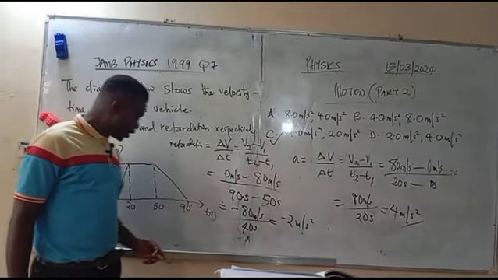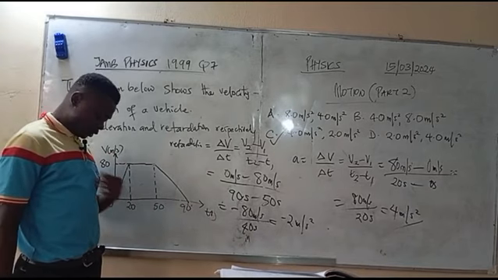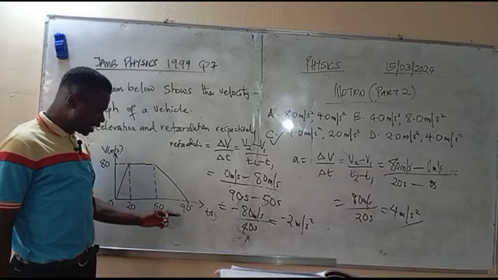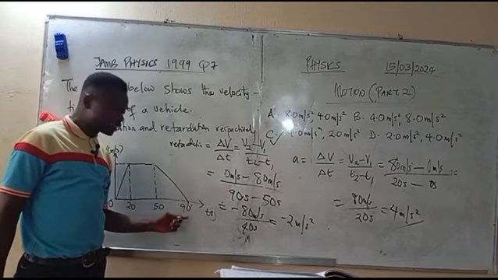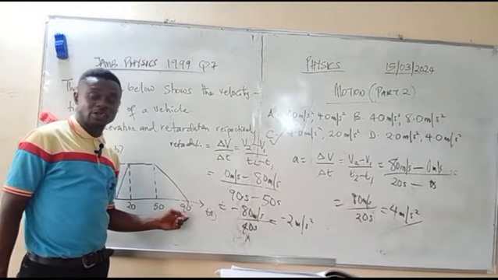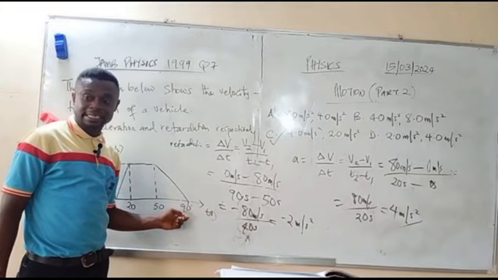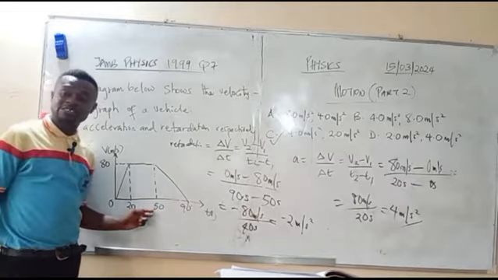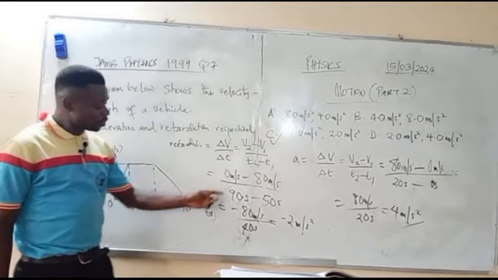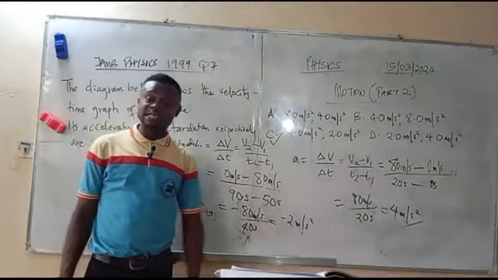Then T2 is 90 seconds, because finally it came to rest at 90 seconds, while it started coming to rest from 50 seconds. So this gives us minus 2 meters per second squared.